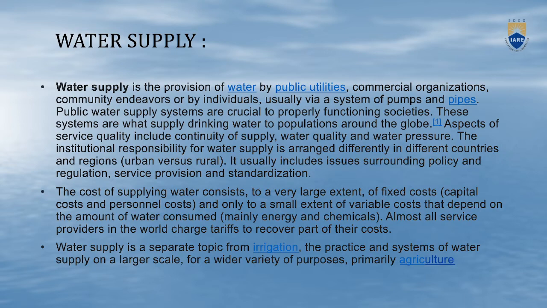Almost all service providers in the world charge tariffs to recover part of their cost. Water supply is a separate topic from irrigation, which is the practice and systems of water supply on a larger scale for a wider variety of purposes, primarily agriculture.